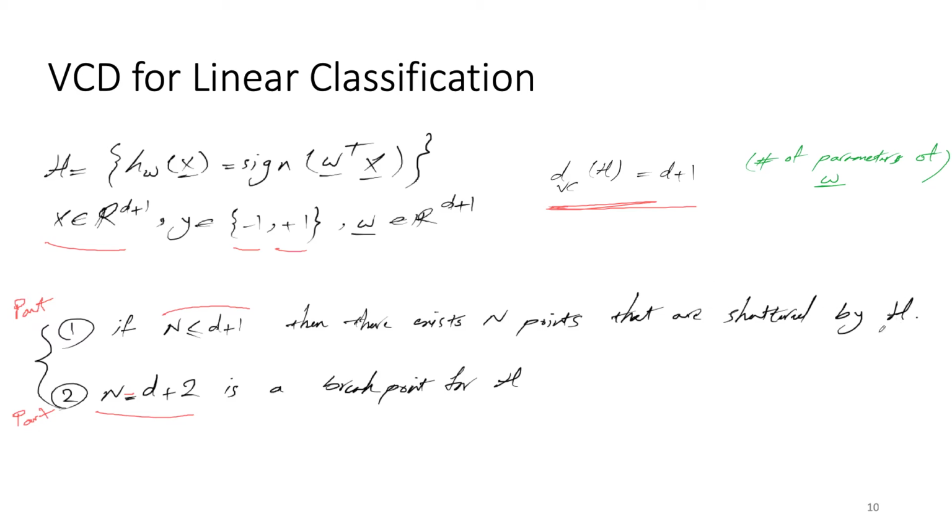That was the definition of shattering that I described in the second slide. On the second case, if n is equal to d plus 2, we can say that it is a breaking point for h. Now let's see how we're going to provide a proof for each of these two cases.